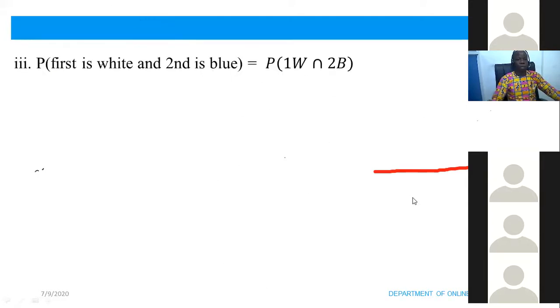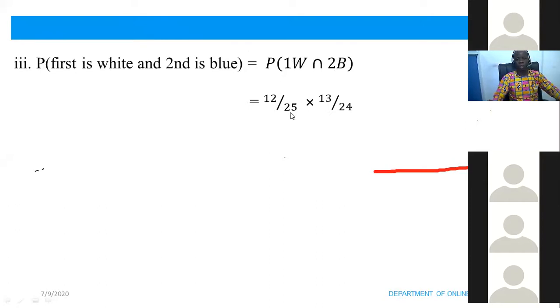We are finding the probability that the first ball is white and the second ball is blue. So we have the probability that the first ball is white, and the probability that the second ball is blue. This will now give us 12 over 25. 12 because the number of white balls there is 12.